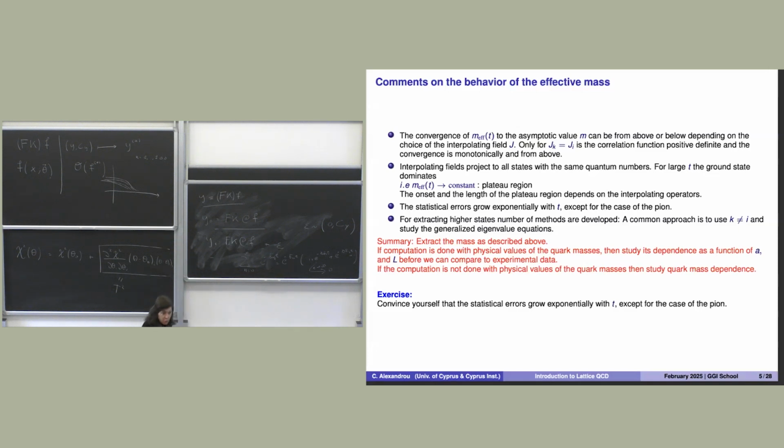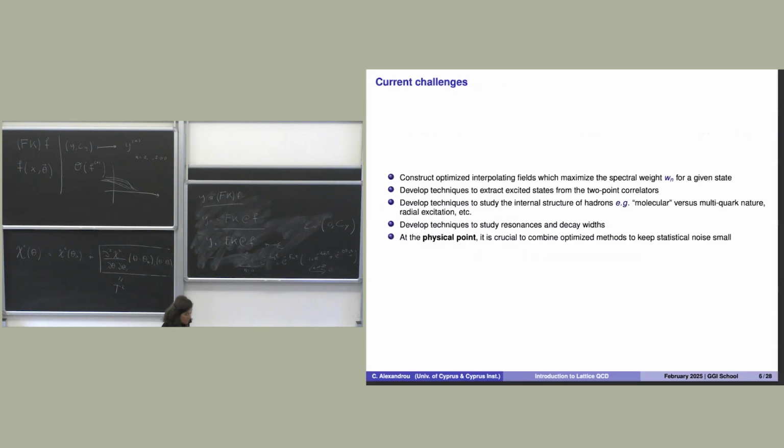But I really have to do that to have a controlled answer. If the computations are not done with physical quark masses, then you have to do a chiral extrapolation. And for baryons, this is very difficult, and it leads to uncontrolled errors. For the pion sector or the kaon sector, the chiral extrapolations are more controlled, but for baryons, it's particularly hard. I'm not saying it's impossible if you're low enough in mass, but it's harder than for the mesonic sector.